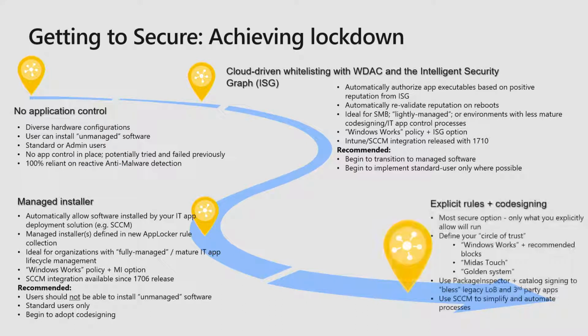And so, in addition, we also provide a lot of tools that allow you to build a much more complex policy, but one that actually relies upon application code signing and strong roots of trust to be able to actually authorize the applications. These tools have been available since Windows 10, and we have demos available for how to use SCCM, for example, to actually automate the end-to-end process as well.